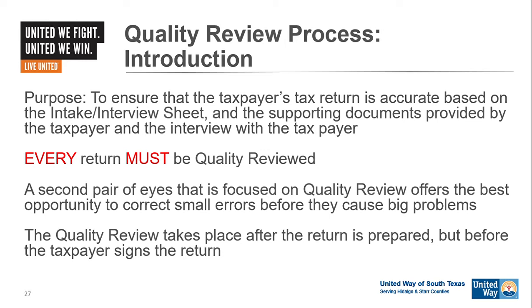So please note also, the taxpayer signs the tax return after the quality review, after they've been reviewed of what they owe, what they're going to get back, what credits they got, and after being advised of the responsibility for the accuracy of the information on the return.